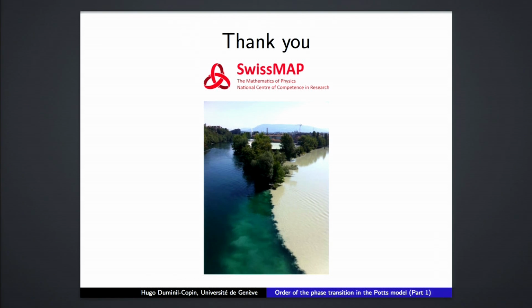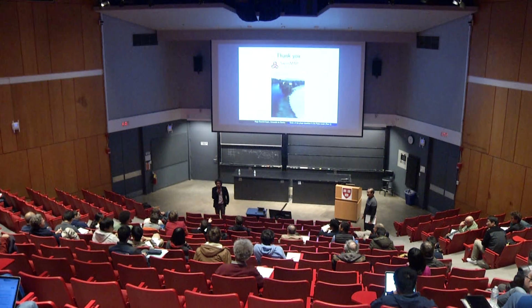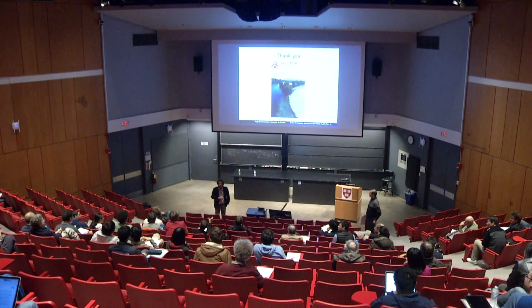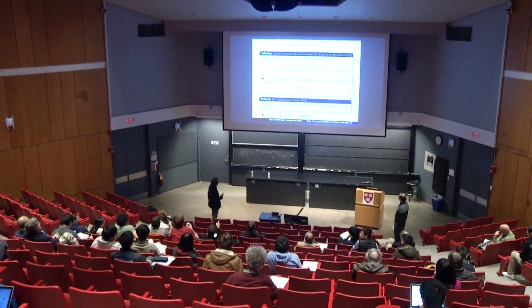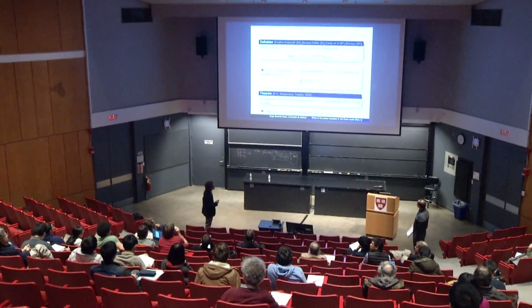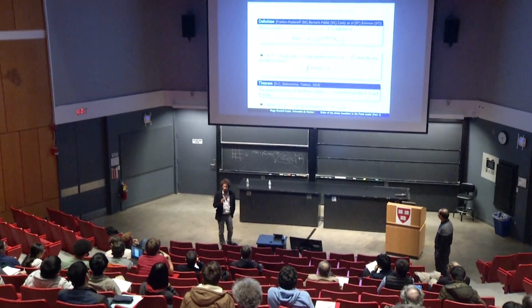Yes? I know this doesn't help you at all, but you do have those other values of the parameter. Is there any use to that? You mean which parameters? The values of sigma? For this model, there is no other value of sigma which is interesting.